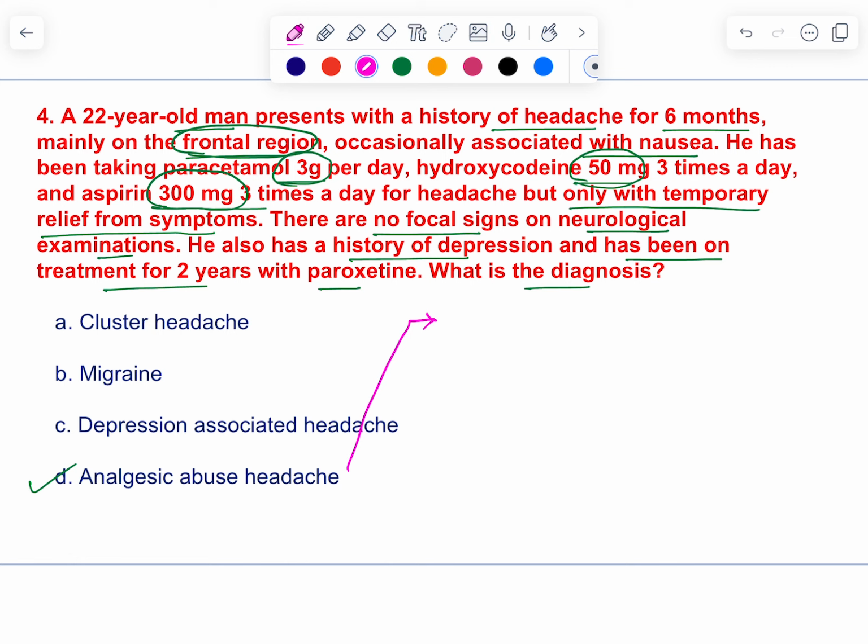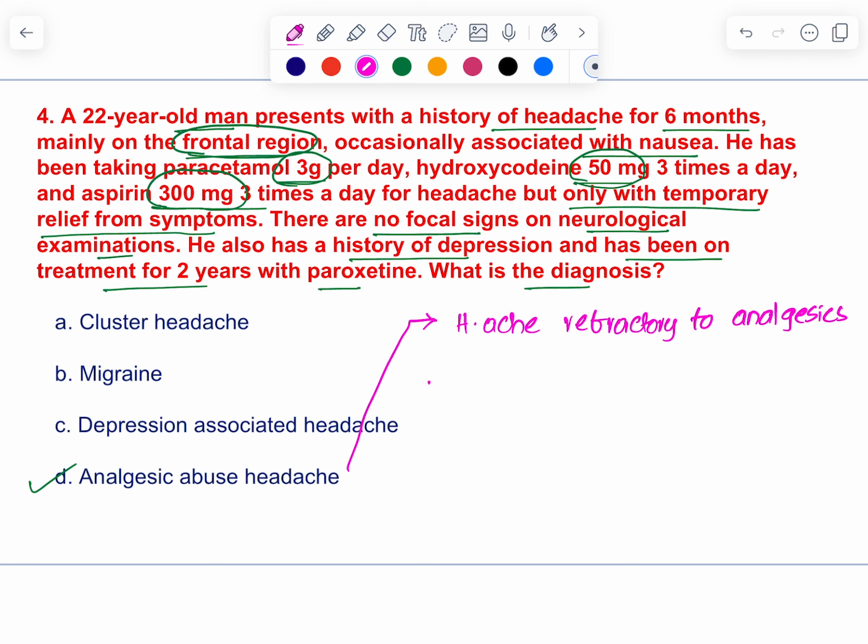favoring analgesic abuse headache. The points that favor it: there is presence of headache which is refractory to analgesics, and it occurs daily.